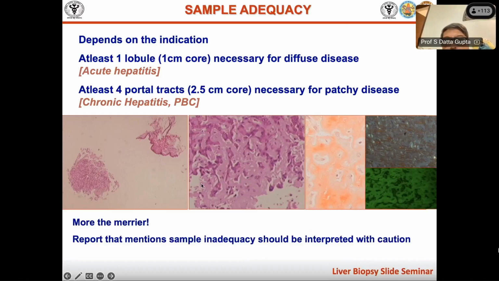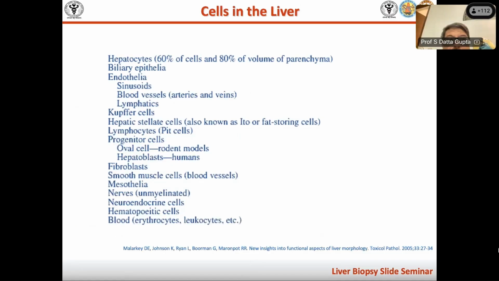And see, there was amyloid, Congo red positive. See, this must be less than 1 millimeter in size. But we made a diagnosis, it's okay. So it depends on what kind of tissue you get and what the diagnosis is. Don't throw away a slide just because the tissue is less.